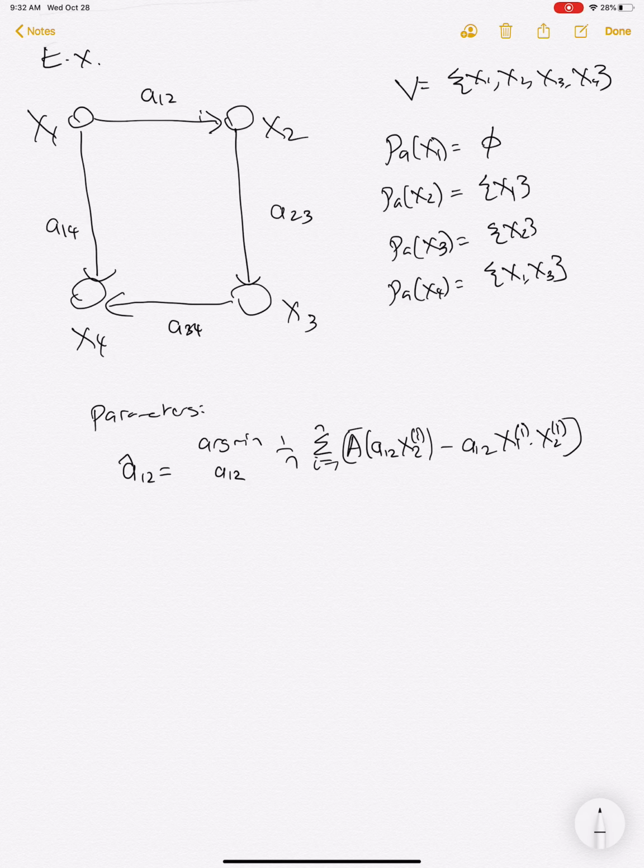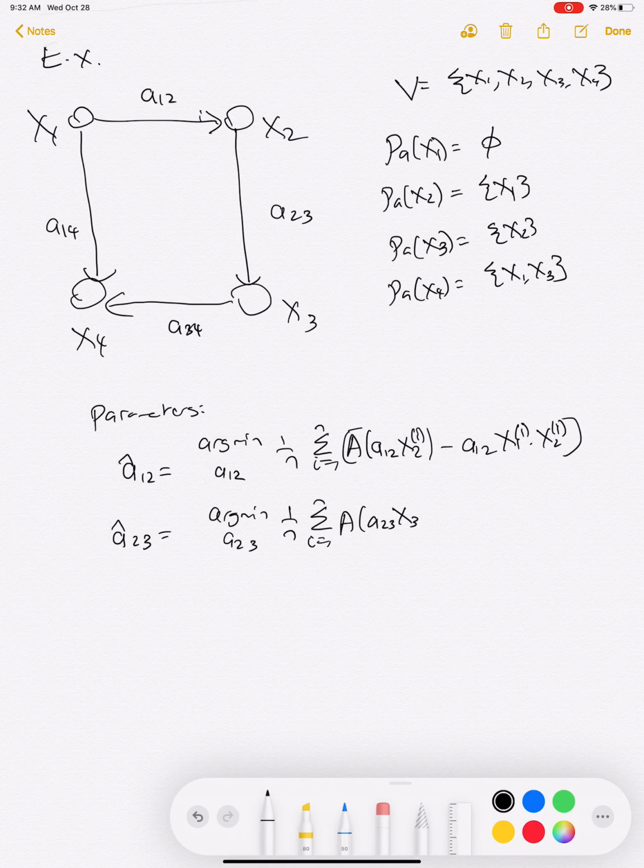And as we've already spoken about, this is a convex optimization problem, and then you can certainly solve for A hat 23, the argmin of A23. I'm sorry, that should be the other way around.